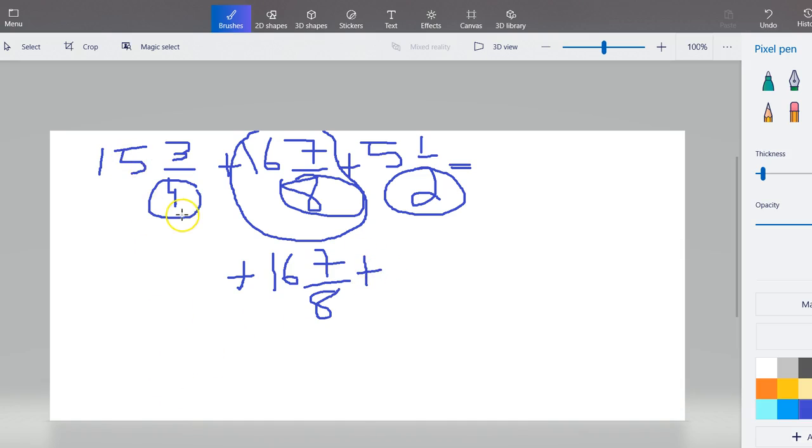Now the first fraction does not have an 8 in the denominator. It's a 4. So we need to be able to have an 8 over there. How will we do this?